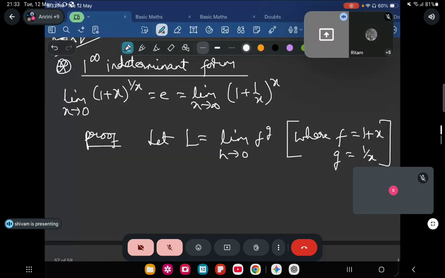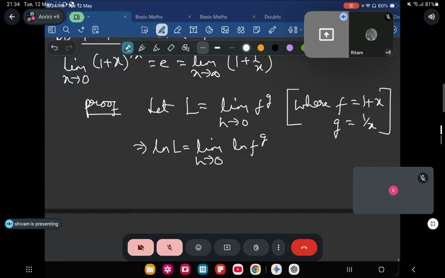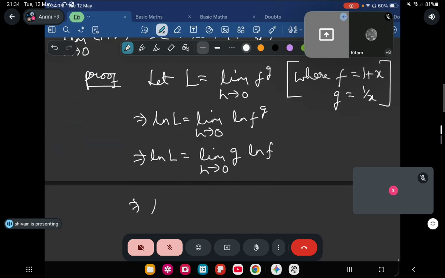So everyone, let us take log on both sides. ln L will be equal to limit h tends to 0 ln f to the power g. So g will come outside. It will become g into ln f. So ln L will be equal to limit h tends to 0 g into ln f.